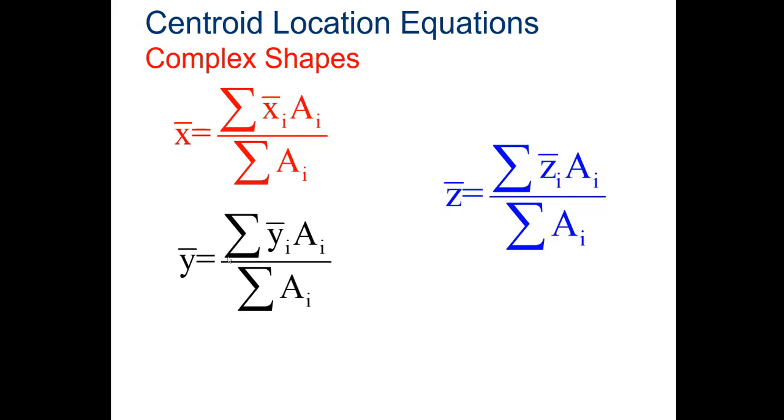Okay, and to find the y location, we're going to do the sum of the y locations times the areas, divided by the sum of the areas.